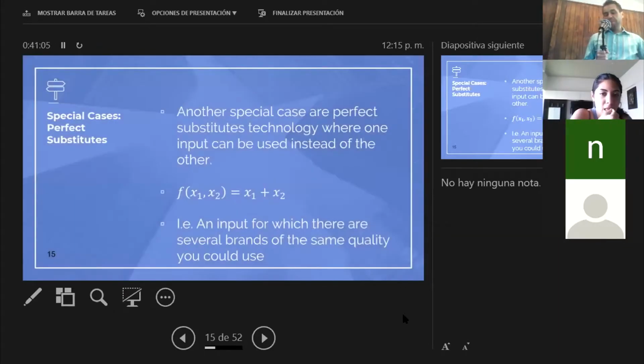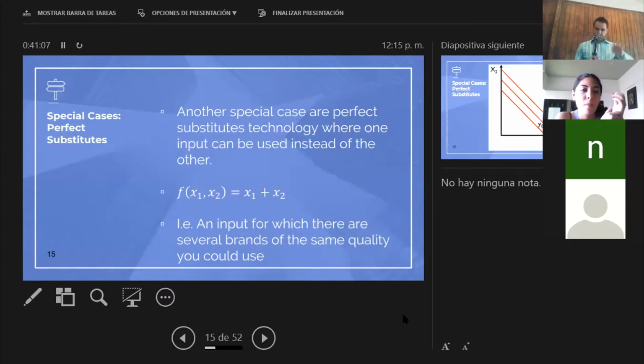So then, on the opposite side of the spectrum del fixed proportions está perfect substitutes, que aquí se llama igual. And they basically show how you can perfectly substitute certain inputs para producir tu producto. En ciertas industrias, you are not so attached or so dependent on specific inputs, y a lo mejor hay un montón de proveedores de este producto.